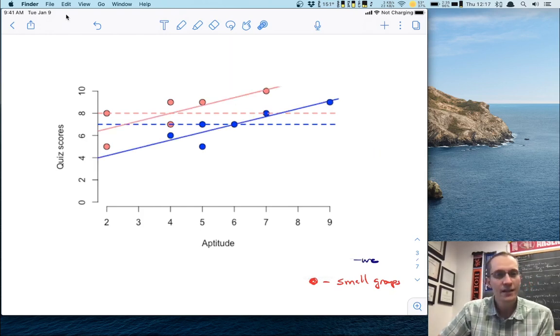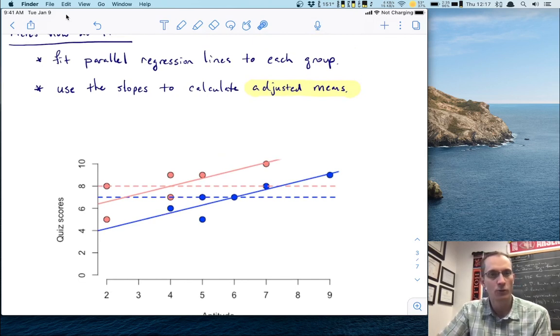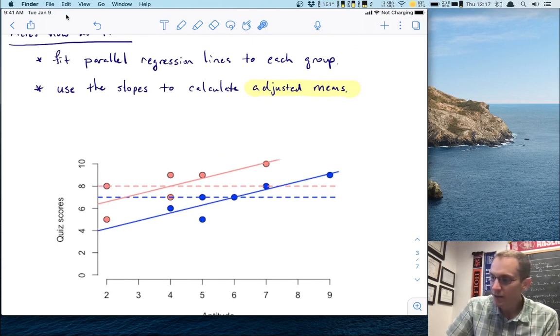And there it is. So this is what happens when we fit these parallel regression lines to each group. Now, we can use the slopes to calculate the adjusted means. What do I mean by this?